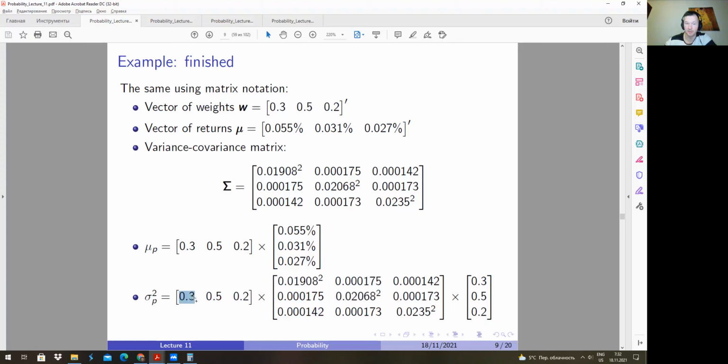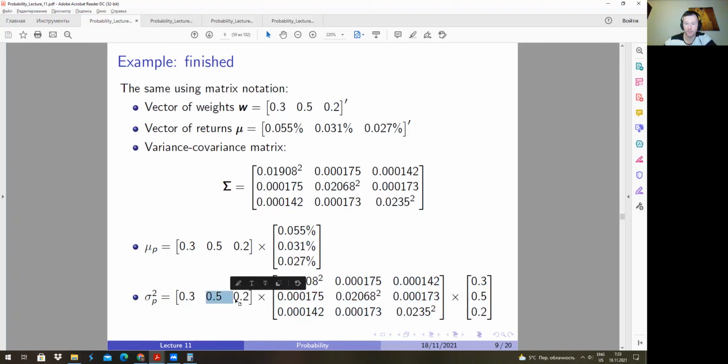Then I have the same 0.3 multiplied by this, 0.5 multiplied by this, and so on. So after the multiplication of this and this, I have what? Wait a second. Yeah, it should be a row vector, 3 by 1. And then look, 0.3 times this gives me exactly the first term, squared weight multiplied by the variance.